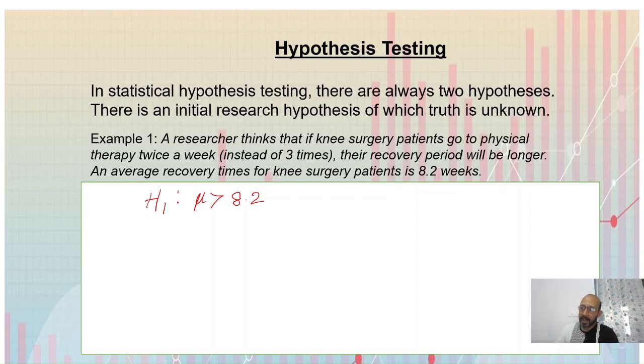In the above example, if the researcher is wrong, then the recovery time is less than or equal to 8.2 weeks. In math, that is H0: mu less than or equal to 8.2.